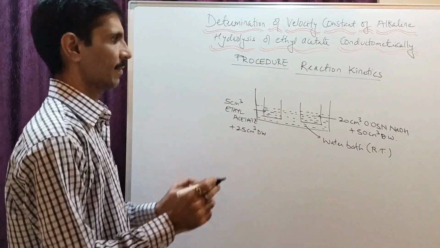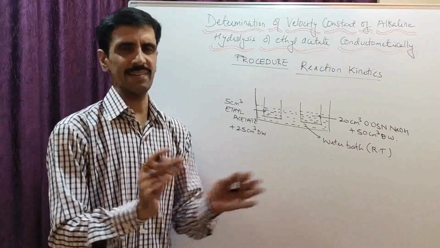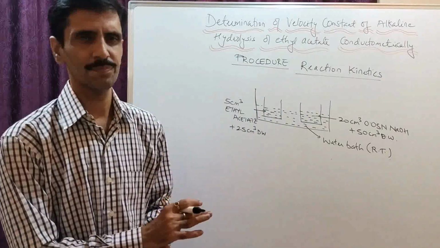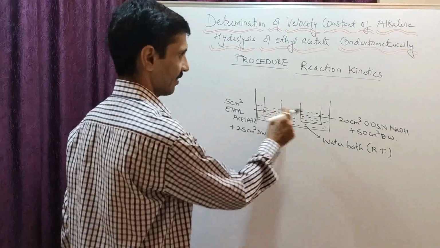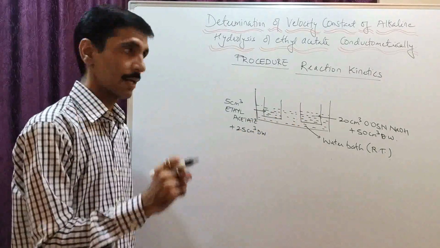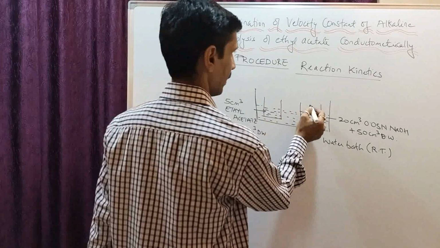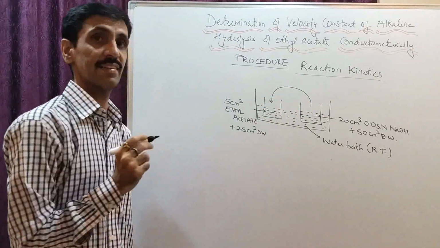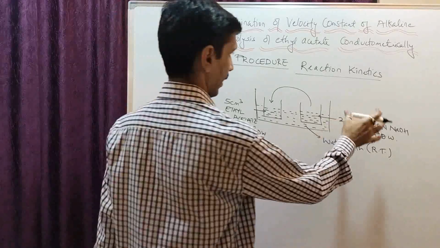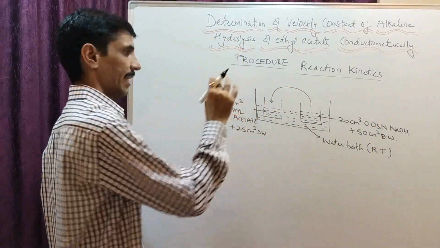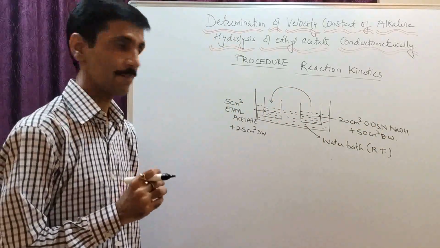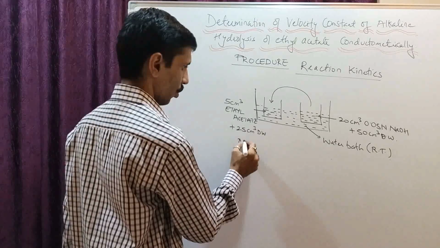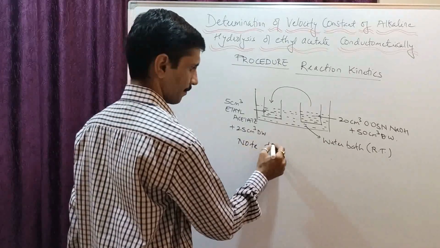Once it attains room temperature, say around 10 minutes is sufficient, we mix the two contents of the beakers. Mixing is done this way: the NaOH solution will go into the ethyl acetate. Note the time of mixing.